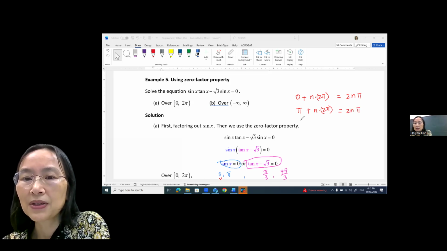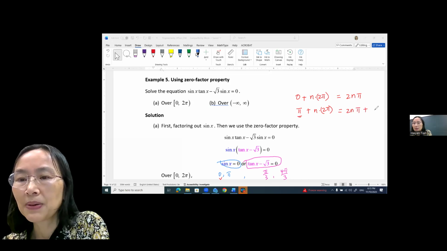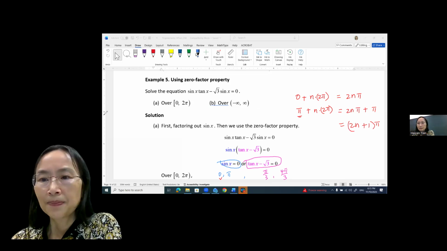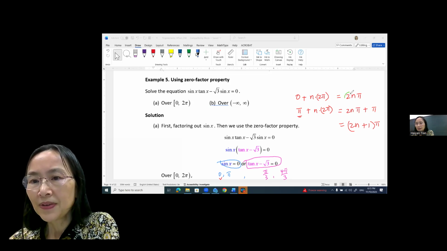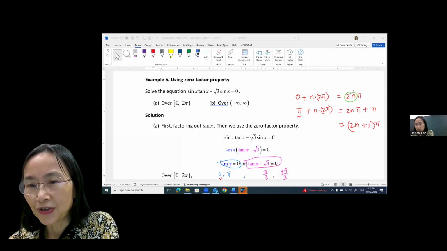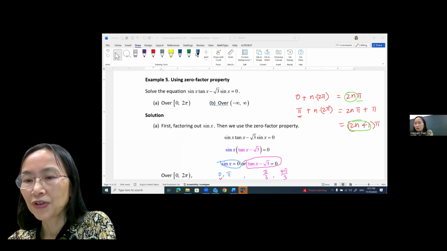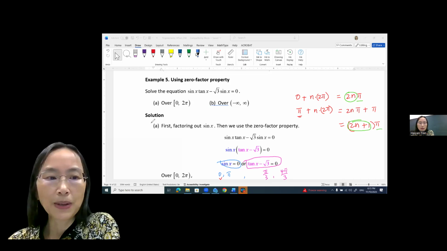Add another pi, you see, there's plus another pi. So this is actually 2n, and if I factor out a pi, it's 2n plus 1. So we notice that this is an even integer multiple of pi, and this is an odd integer multiple of pi.